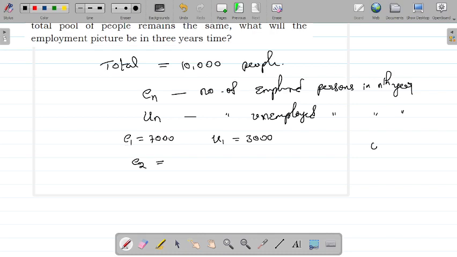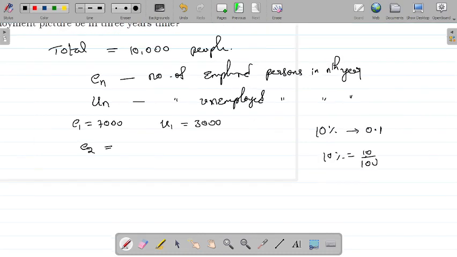If you convert 10% to decimal, will it be equal to 0.1? Yes or no? 10%, that's the same as 10 by 100. If you convert it to decimal, that will be equal to 1 by 10, that is 0.1. That's what I mean. Okay.